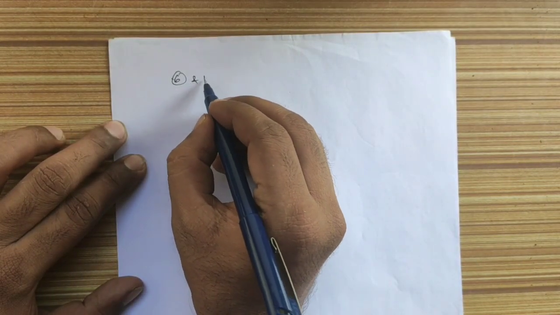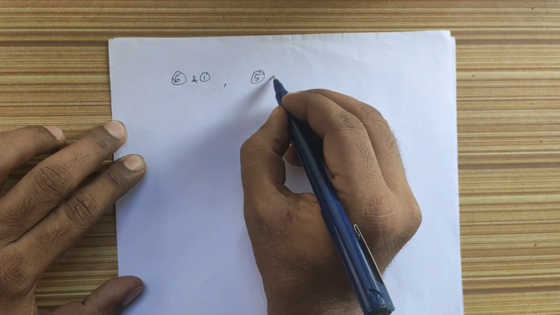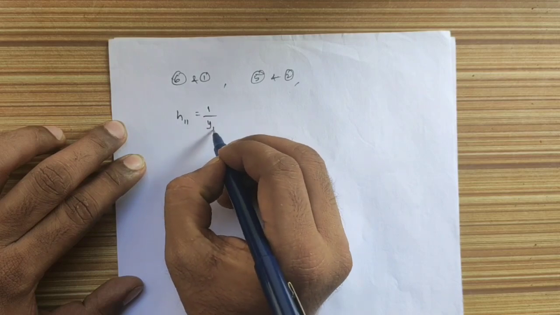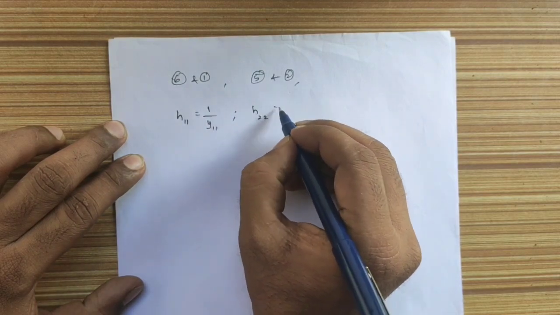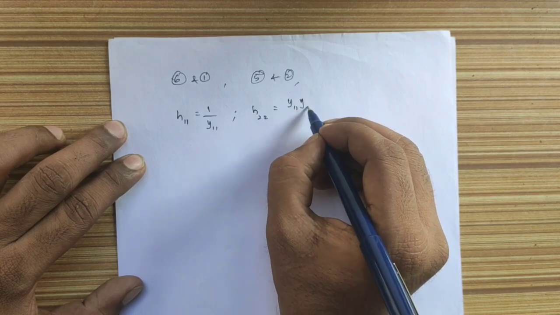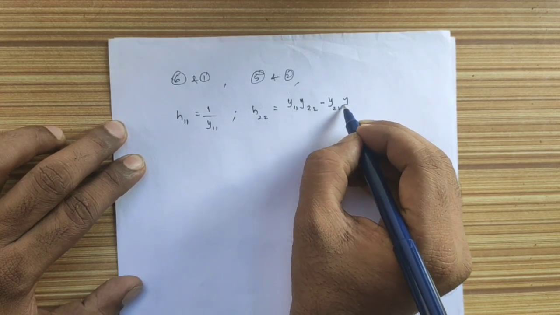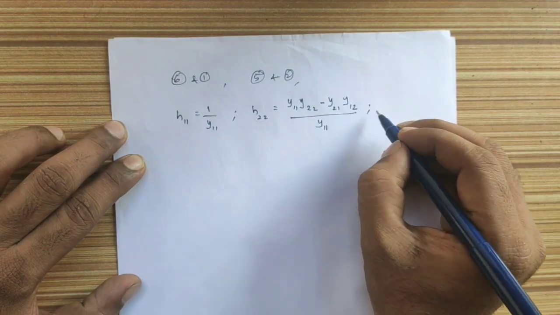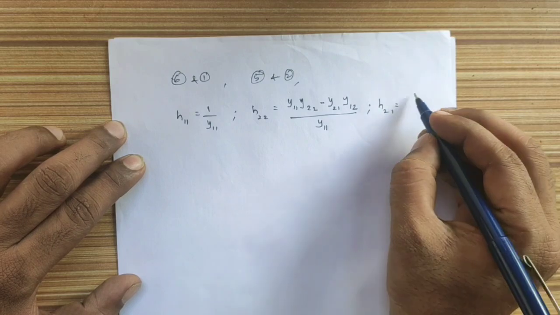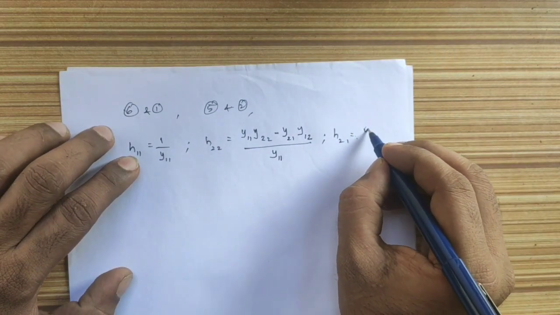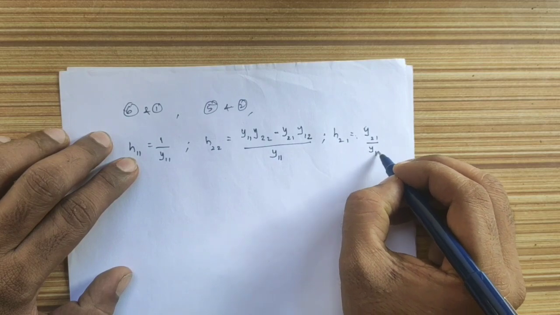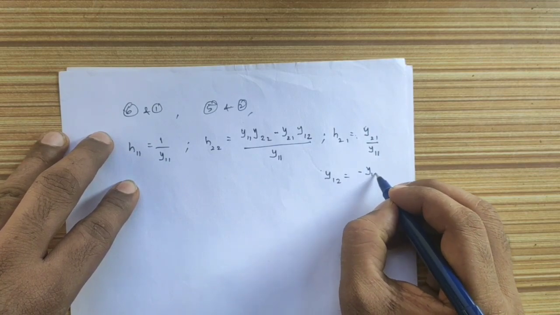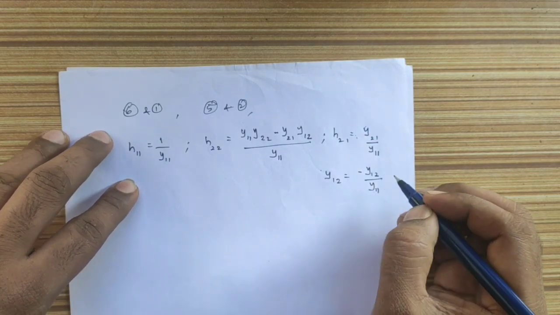By comparing 6 and 1, similarly 5 and 2, you will get the parameters h11 equal to 1 by Y11, h22 equal to Y11 Y22 minus Y21 Y12 whole divided by Y11, and h21 equal to Y21 divided by Y11. Similarly, h12 equal to minus Y12 divided by Y11.